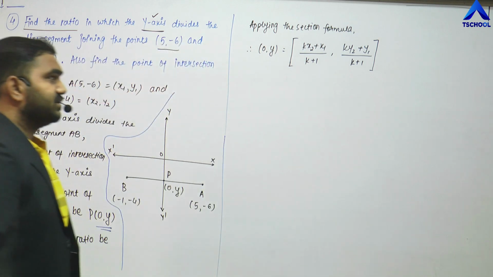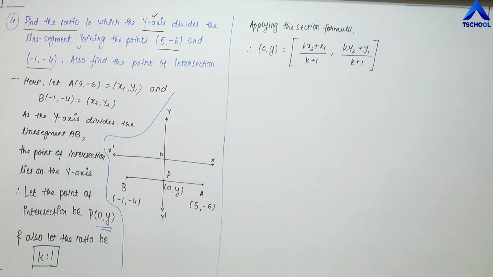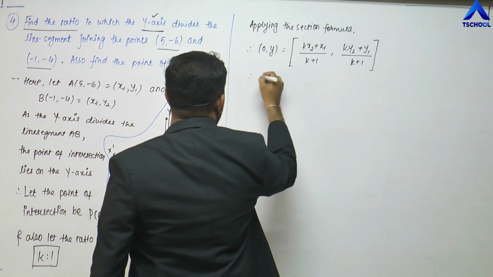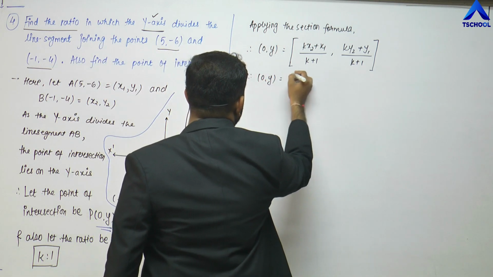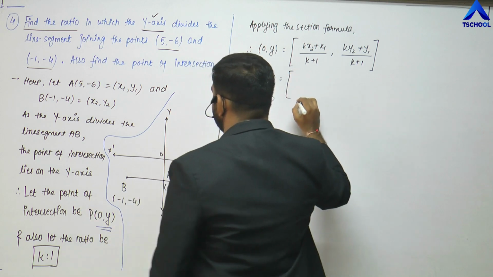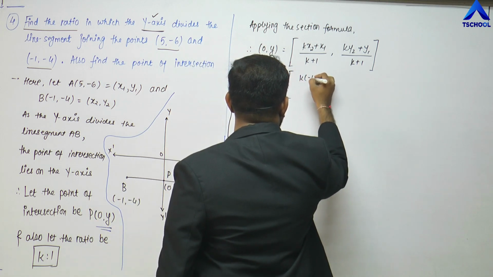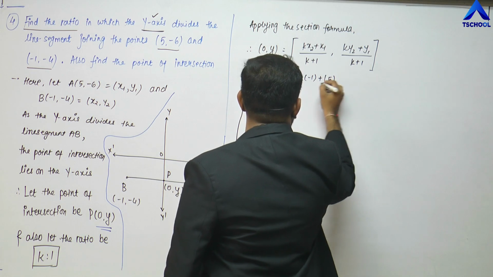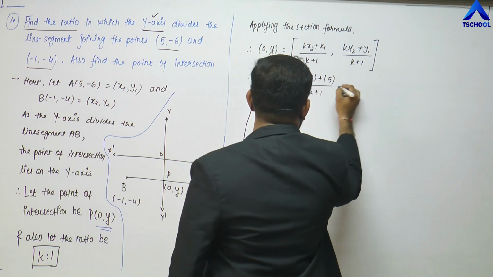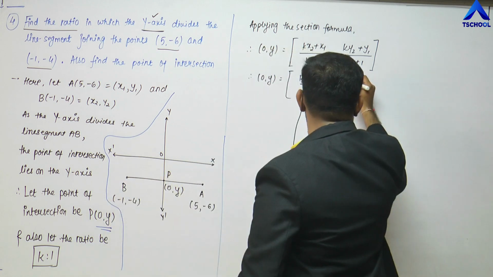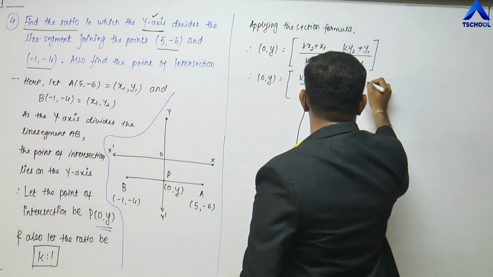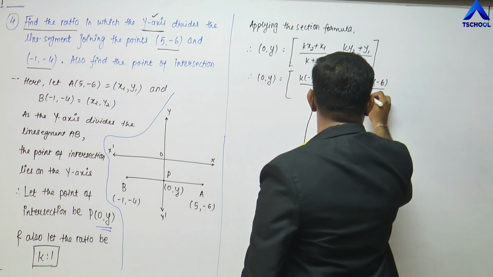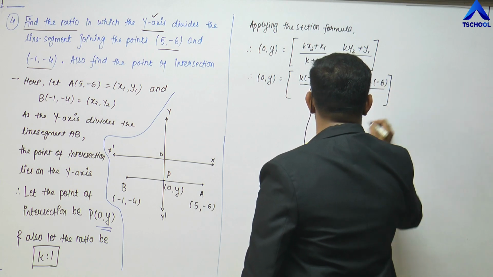Let us put the values of x1, y1 and x2, y2. Therefore (0, y) equals k into minus 1 plus 5 upon k plus 1, comma k into minus 4 plus minus 6 upon k plus 1.